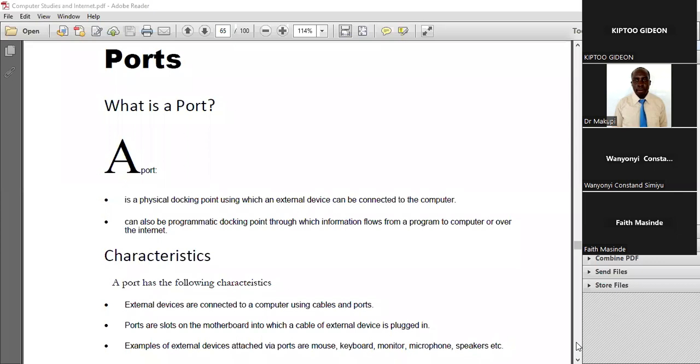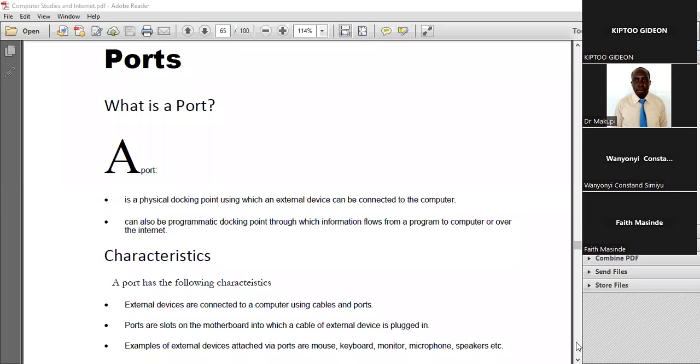So we are talking about a port as a physical docking point where external devices are connected to the computer. That is where you connect external devices, like a mouse, a keyboard, and the others. All those are connected to a computer using computer ports. It can also be a programmatic docking point through which information flows from a program to a computer, or over the internet.